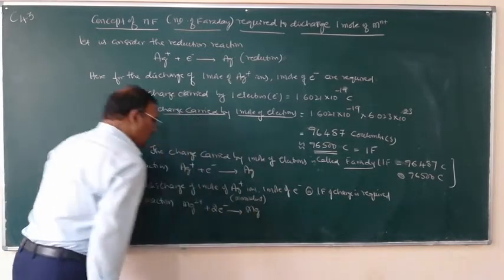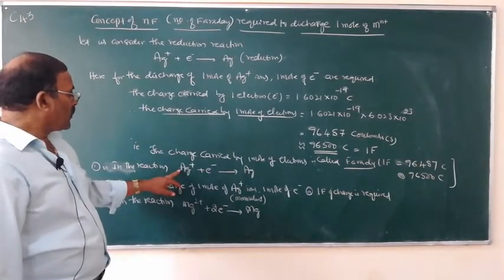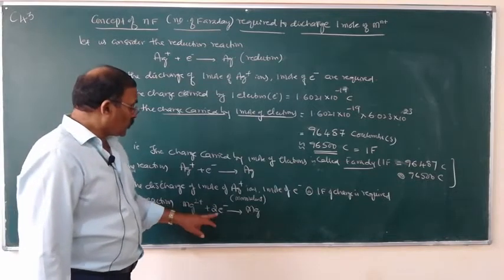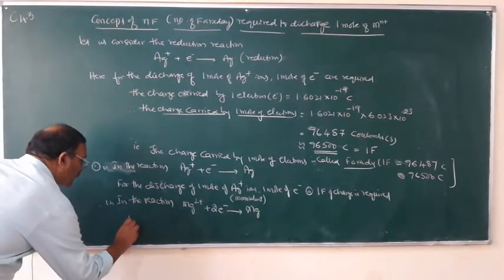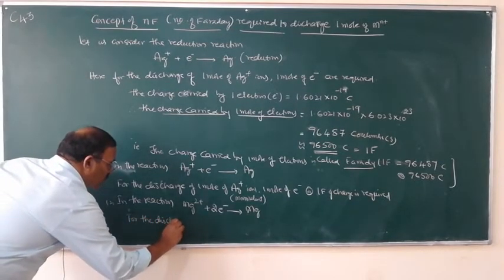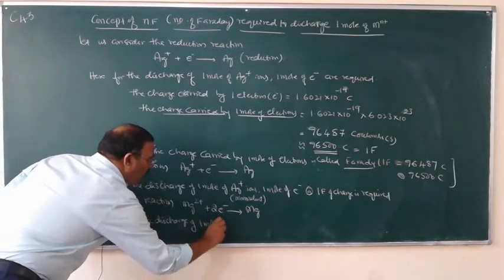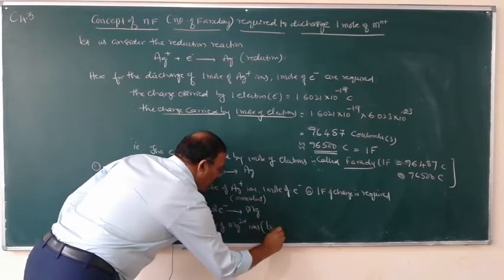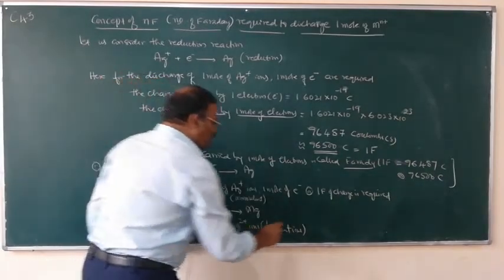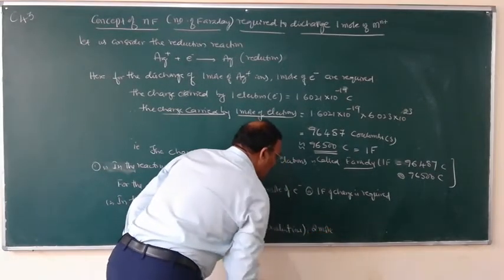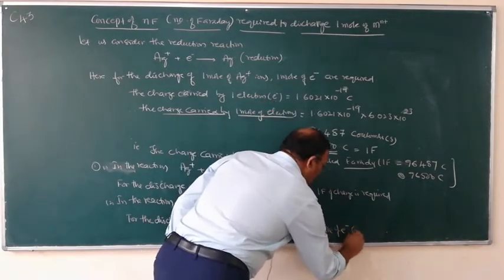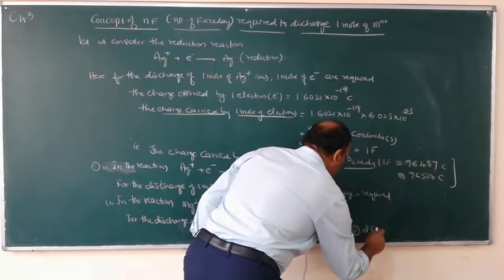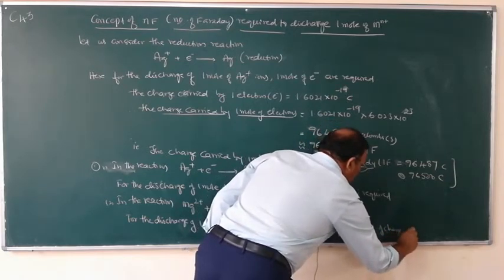So 1 mole of monovalent ions needs 1 mole of electrons, and 1 mole of bivalent ions needs 2 moles of electrons for its discharge. 1 mole of electrons is 1 Faraday, so 2 moles of electrons carry 2 Faraday. 2 Faraday of charge is required.